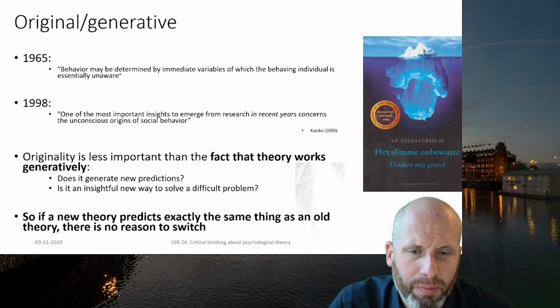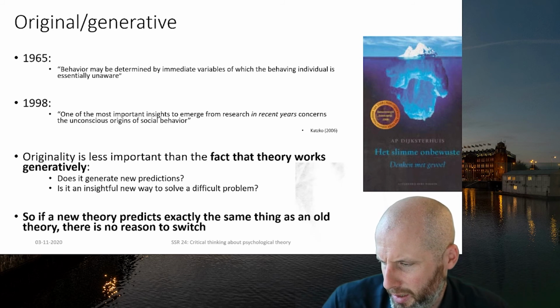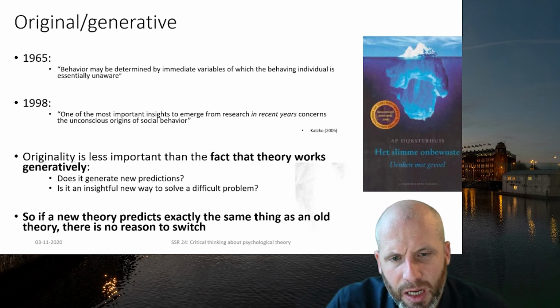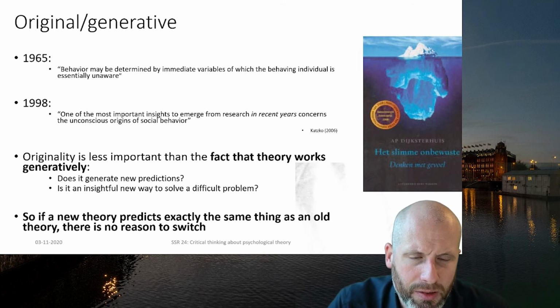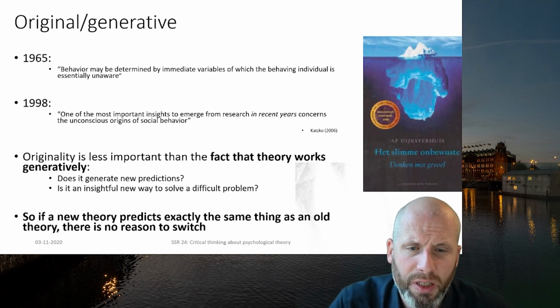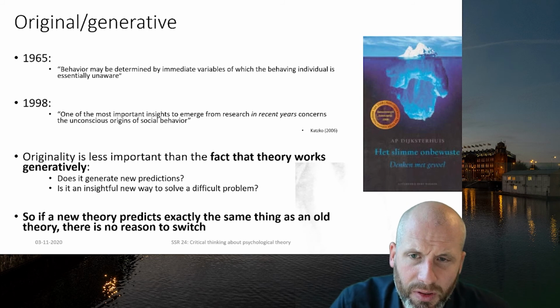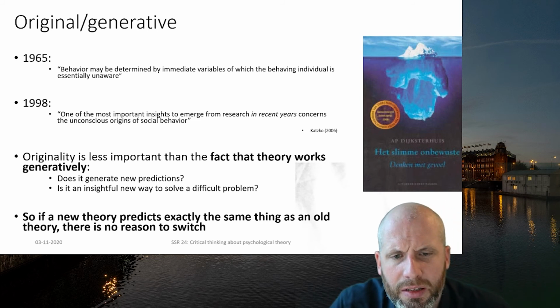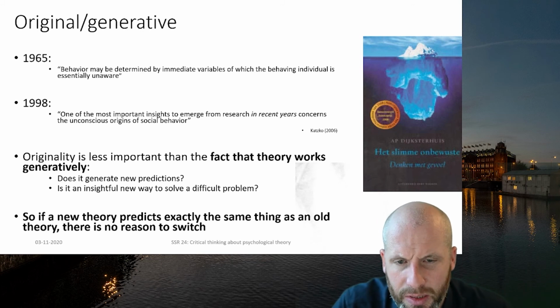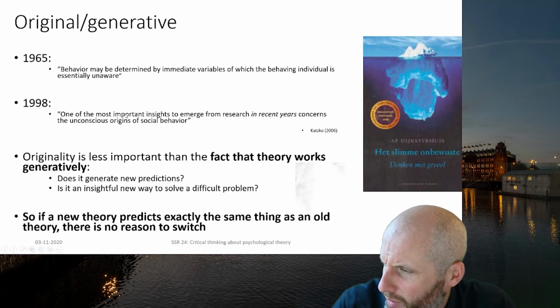They both would predict people that didn't think carefully about their decisions outperforming the individuals that did think carefully about their decisions, only for different reasons, but the results they predicted were the same. So in that sense, the new theory isn't that original, in the sense that it doesn't generate new testable predictions, and that's an important criterion.